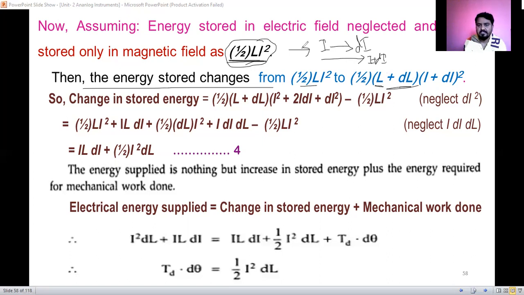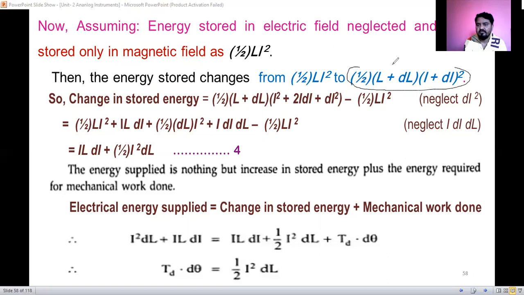From this equation, this one is the final value of energy stored, and this one is the initial value of the energy stored. So we have to identify the net energy stored. Suppose initially 5 ampere current was there.